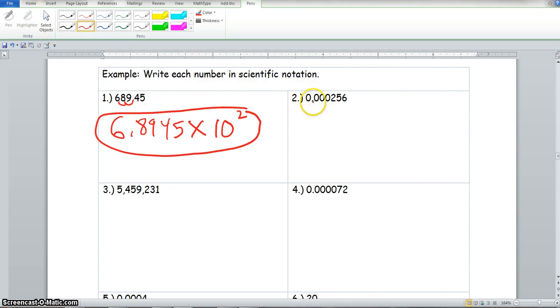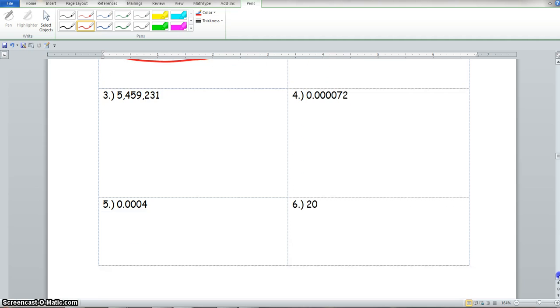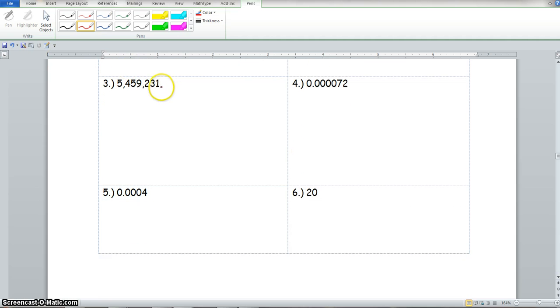Now we come here, we move the decimal 1, 2, 3, 4 places. So it'll be 2.56 times 10 to the 4th. Now because we move to the right, that 4th power would be negative. Now number 3, it's assumed to be a decimal at the end of this number.